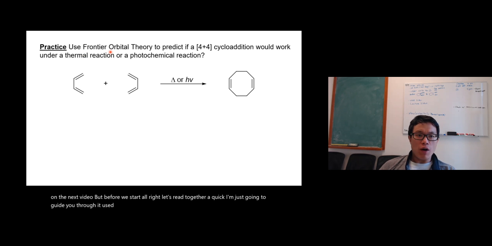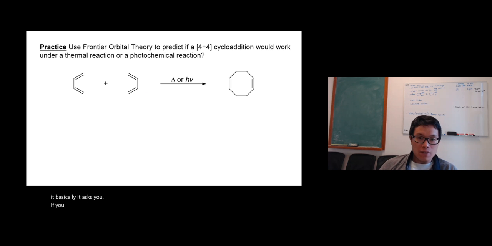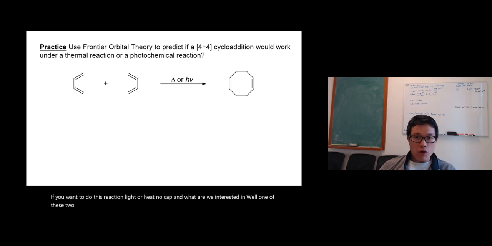Use frontier orbital theory to predict if a 4+4 cycloaddition, so a 4 pi system reacting with a 4 pi system, would work under thermal or photochemical conditions. So it asks whether you want to do this reaction with light or heat. What are we interested in? These 2 react. One of them is going to be a nucleophile, the other an electrophile.